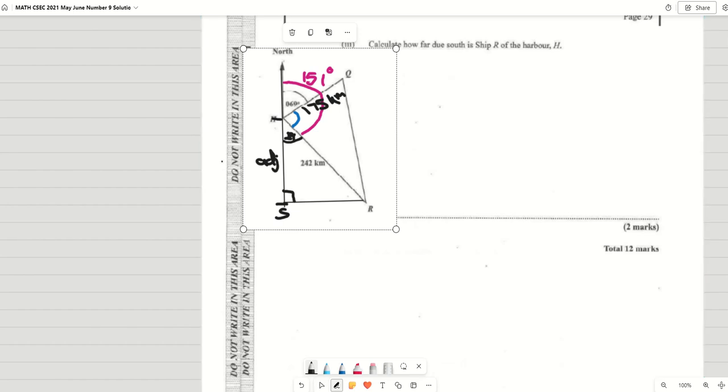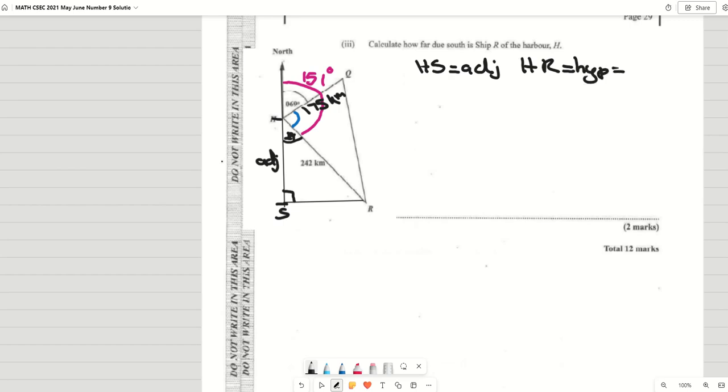I'm going to call it H as the adjacent because that is south. We know that HR is the hypotenuse, equal to 242. We also know that the angle is equal to 29.